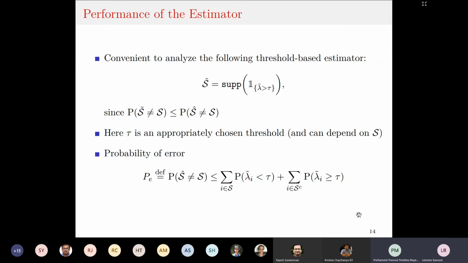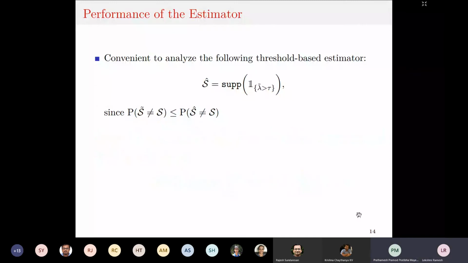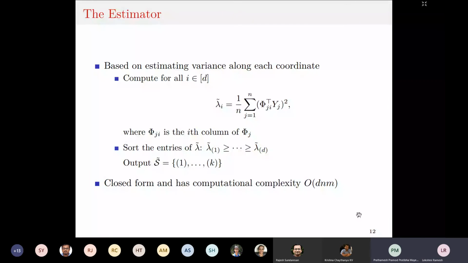A data-driven threshold approach can be tried, which we haven't tried, setting a threshold using some function of the sketch that you're given, but I haven't tried that. Okay, thanks.